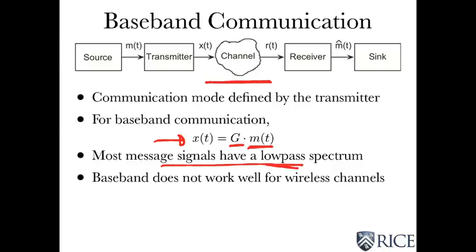So given that's the way we're going to do it, we're hopefully going to look at the channel model, and the transmitter design is going to be determined by how we think we're going to send it and the characteristics of the channel in that frequency range. Well, as we know, baseband communication does not work well for wireless channels. Low-pass signals do not propagate very well for wireless channels.